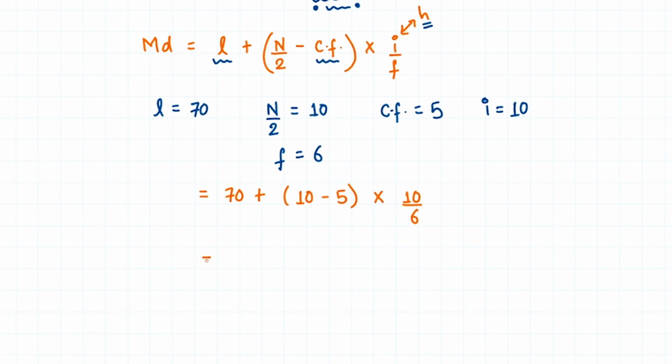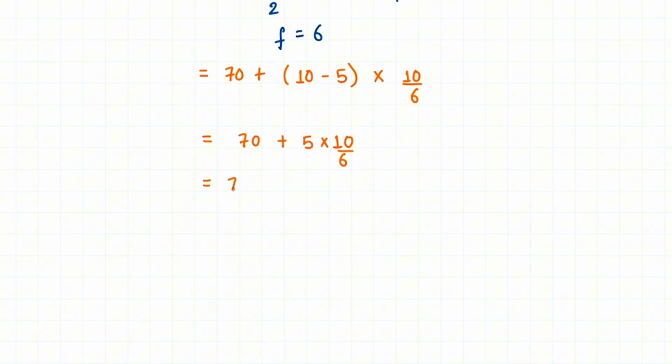So this is going to be equal to 70 plus 10 minus 5 is 5, times 10 divided by 6. So this is going to be equal to 70 plus 5 times 10 is 50, divided by 6, which is equal to 70 plus 8.33, which is going to give us 78.33. And that's our median.